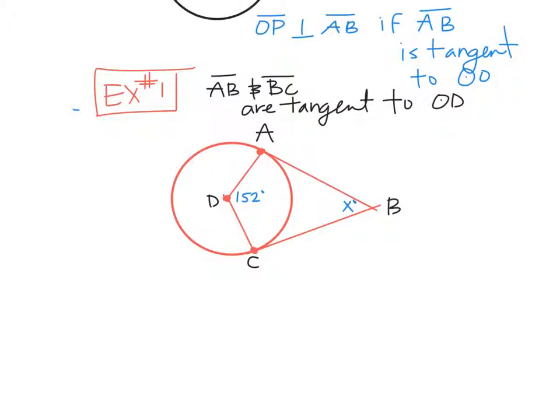And what do we know about A and C? They're perpendicular, right? If they're perpendicular, that's 90 and 90. So you're looking at a quadrilateral. Quadrilateral always adds up to what? 360. So you can say 90 plus 152 plus 90 plus x should equal 360. So when you take that away, what is that? On my calculator.